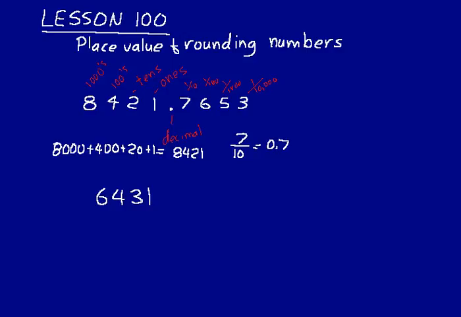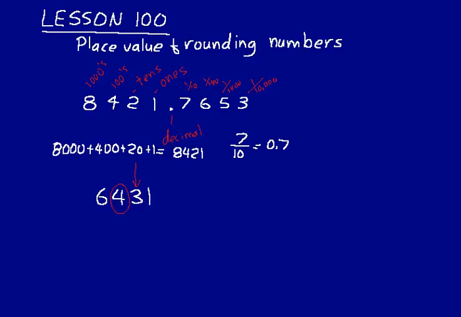So place value gives a value to each digit in a number. Now, if we wanted to round that number there, 6,431, to the nearest hundred, what we do is we round that place value that we described. We want to round to the nearest hundred. We put an arrow over the digit to the right of that hundreds place, and if that digit that we put the arrow over is a 5 or greater, then we'll go ahead and round up the circled digit, round it up 1.